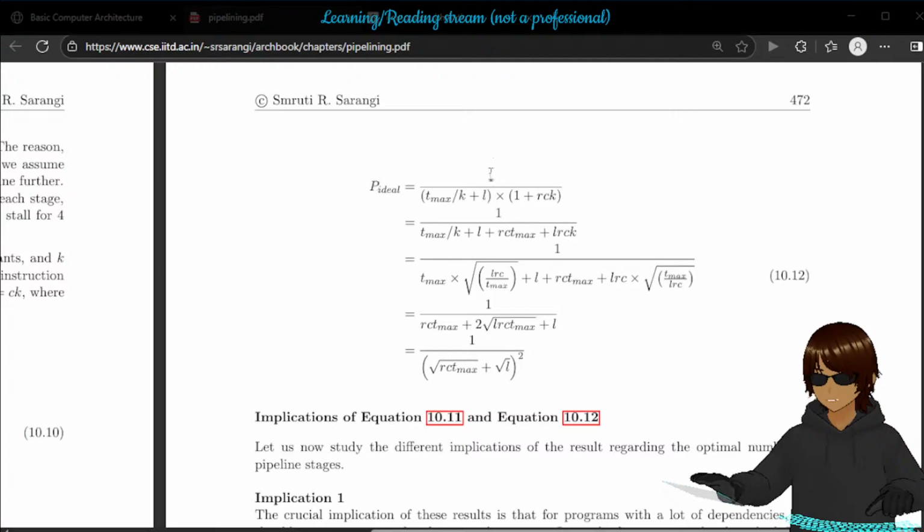So P ideal is 1 over Tmax divided by K plus L, times 1 plus RCK.